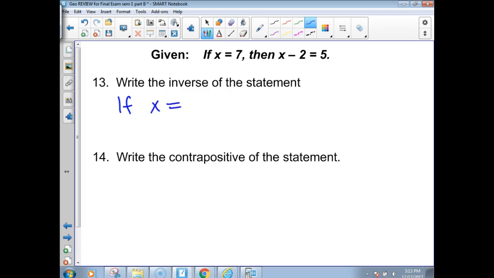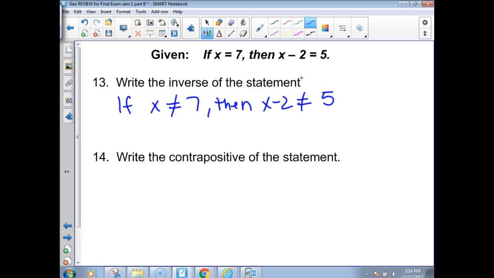Slash, okay. If x does not equal 7, then x minus 2 does not equal 5. Just put a slash in your equal signs. Yep. Just like I did when we did those triangle inequalities, I said, it says, if 2 plus 2 is not greater than 5, and I was proving that you couldn't make a triangle.